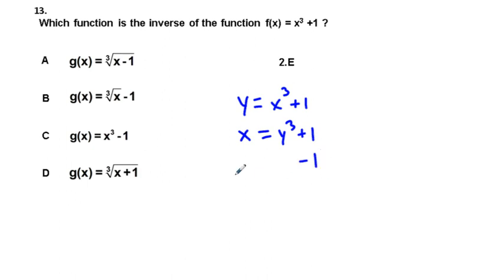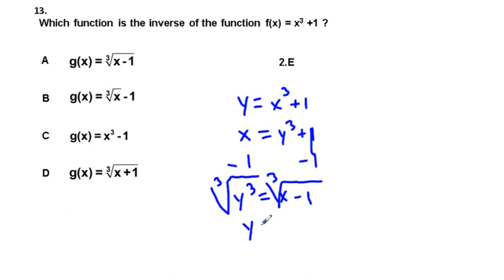If we subtract 1, we have y cubed is equal to x minus 1. And to undo the cubed on the left with the y cubed, we take the cube root. And here we have that. We have y is equal to cube root of quantity x minus 1, which I said to change back to f negative 1 of x.